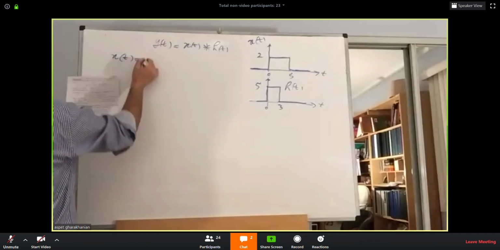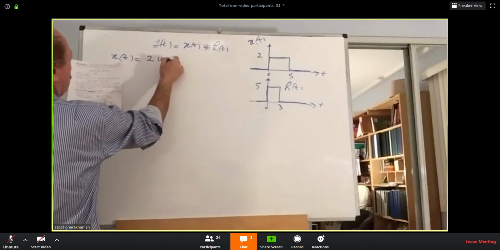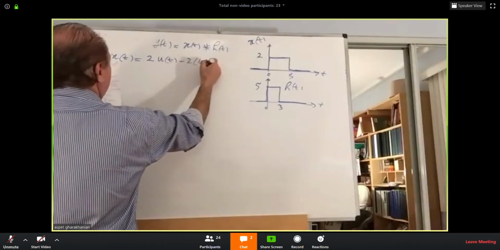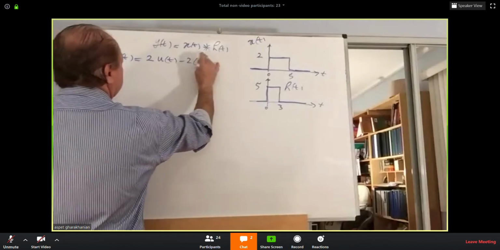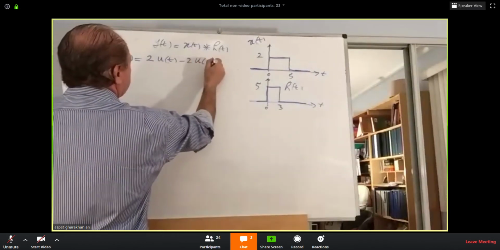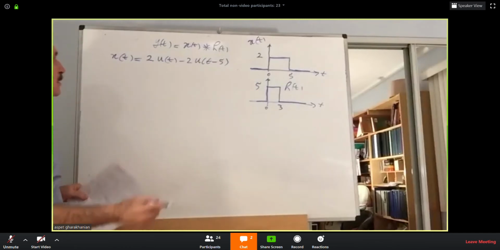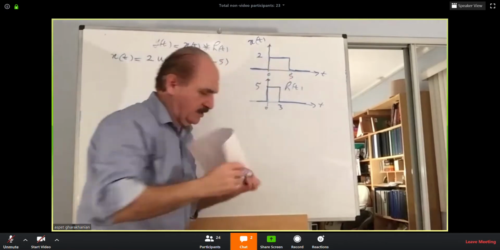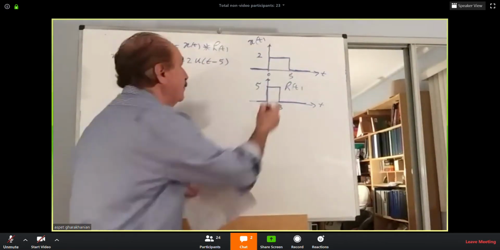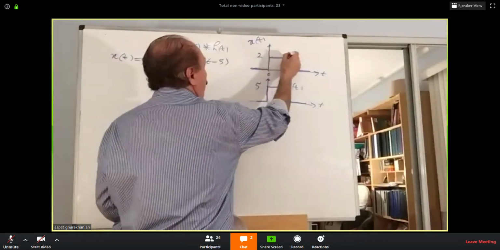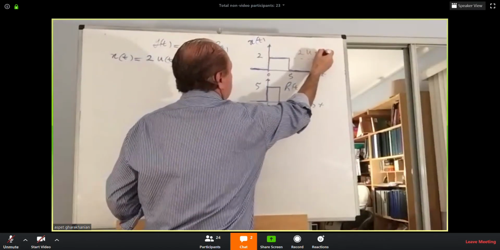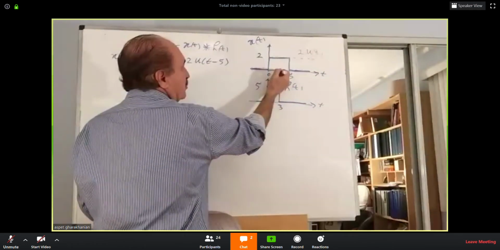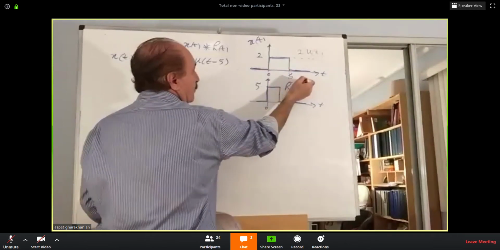x of t is going to be 2u(t) minus 2u(t minus 5). What does that mean? 2u(t) is a step going up to 2, and minus 2u(t minus 5) is a step that is 0 all the way here, then takes the opposite.